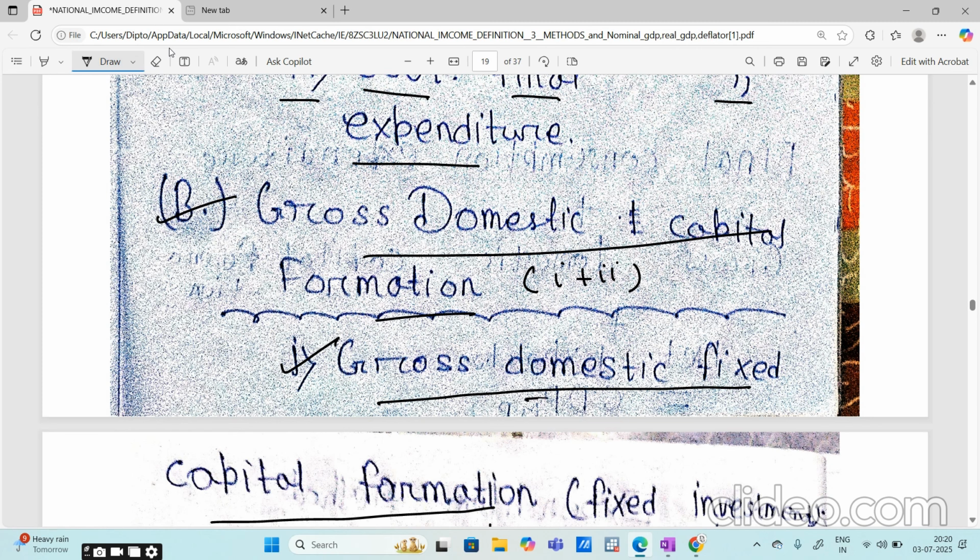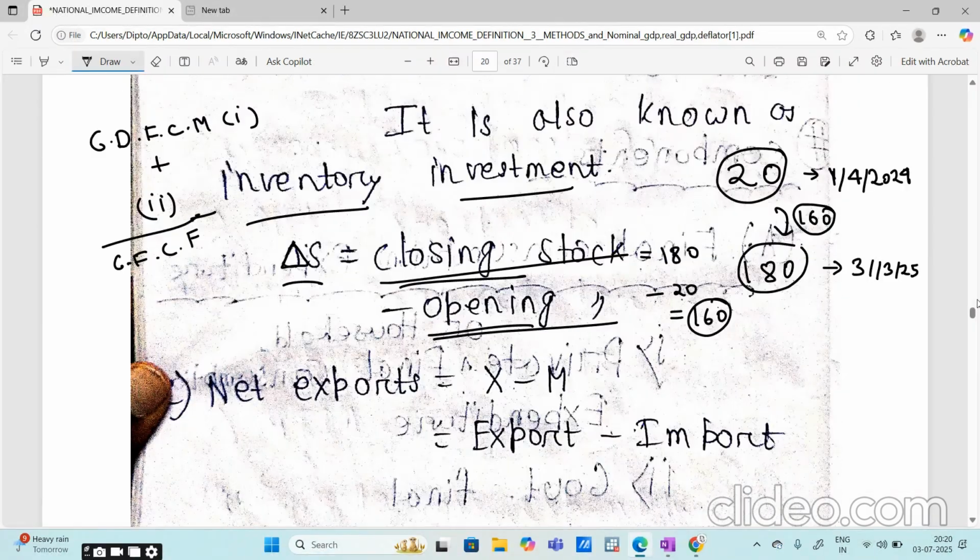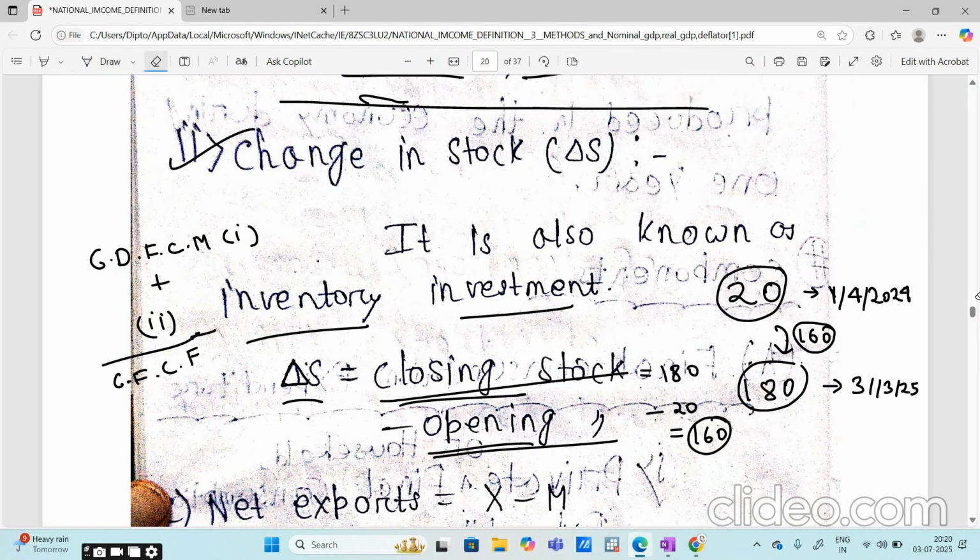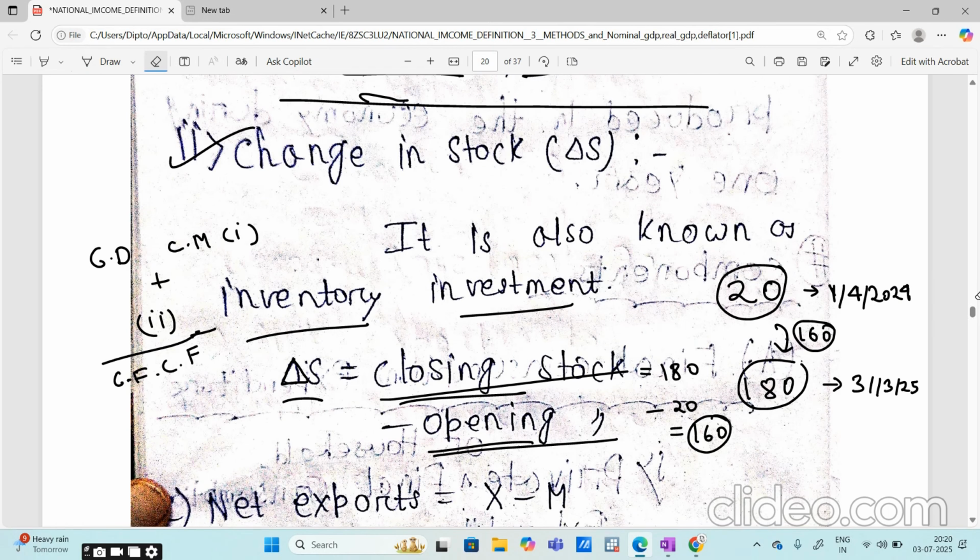How to get it is gross domestic fixed capital formation. I might have written it a little bit wrong. Yes, this should be gross domestic capital formation. Capital formation is what? Gross domestic capital formation plus inventory investment, that is change in stock, gives us what? Sorry, I am writing it a little bit wrong. Let me just rewrite it. I have confused it a little bit.